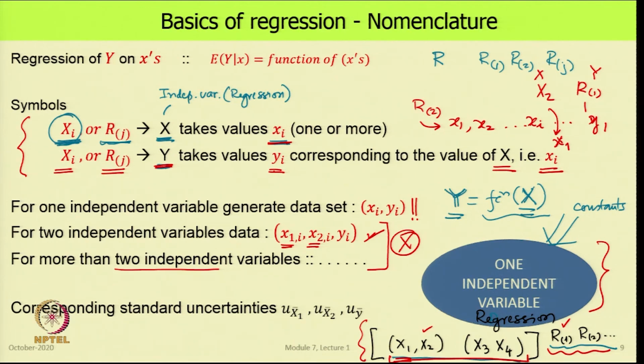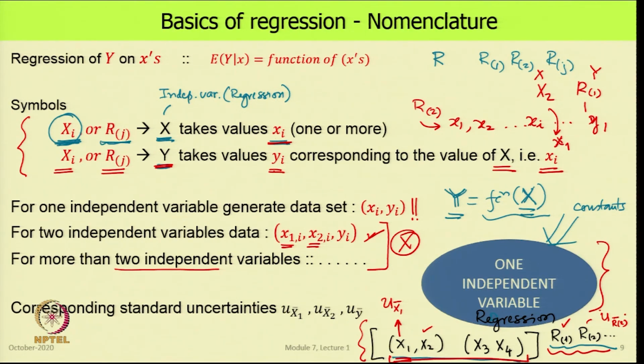Now, we get one more piece of data that we have already worked out in our uncertainty analysis, an input that we will require for doing the regression. With each one of these we have an associated standard uncertainty u x 1 bar, and similarly for each result we have a standard uncertainty, say u r 2 bar.